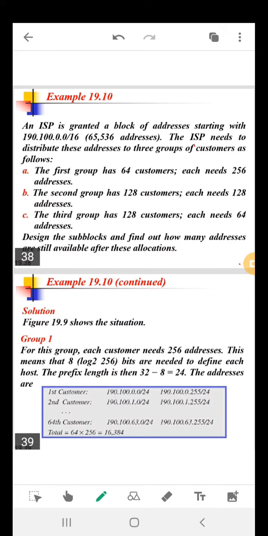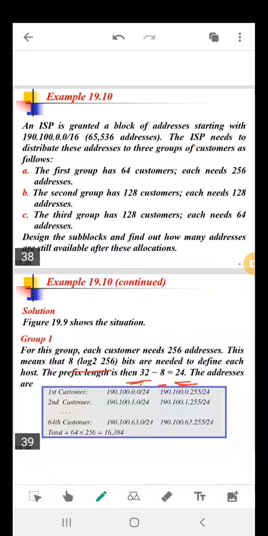So 256 requires how many bits? That is what we are currently calculating. To get 256 possible combinations, we require 8 bits, which we got by taking log of 256. So out of 32 bits, we require 8 bits for the host ID. So 32 minus 8 is 24.